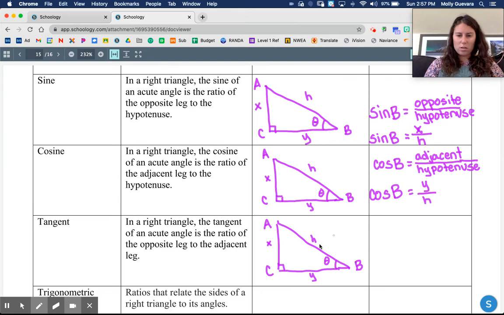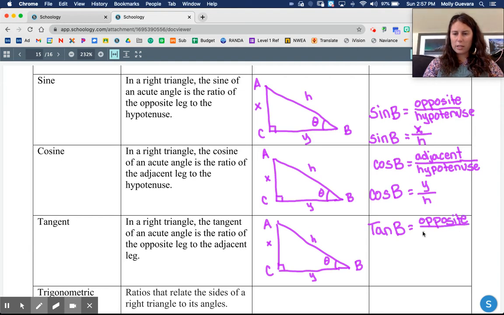So tangent, we abbreviate it with TAN, of angle B, so that's what that means. Tangent of angle B is equal to opposite over adjacent. So that is the ratio here.